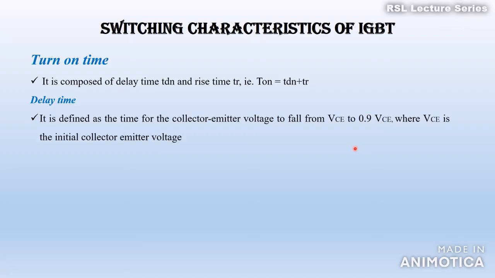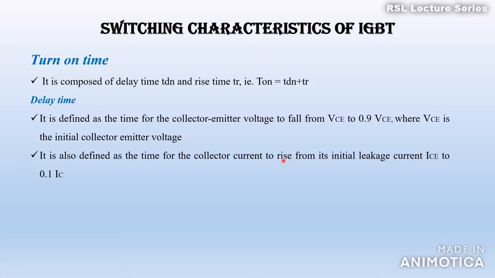Whenever the device is turned on, the voltage will fall and the current will start rising. It is also defined in terms of the collector current. The delay time in terms of collector current is defined as the time taken by the collector current to rise from its initial leakage current.